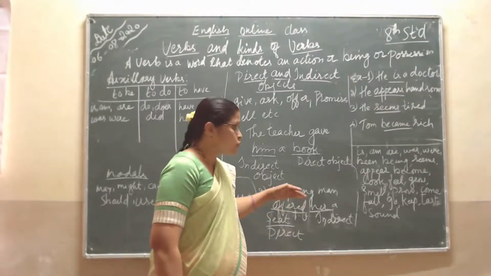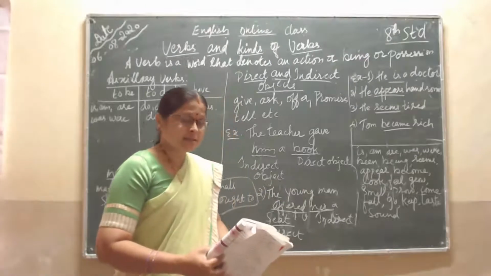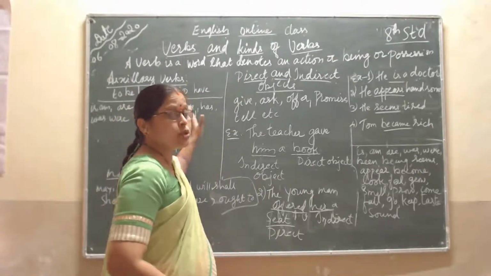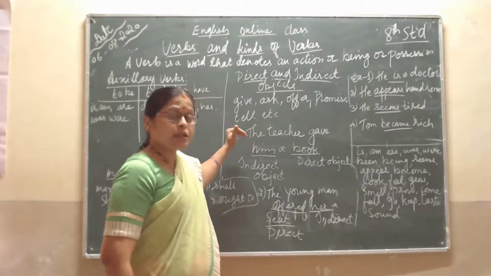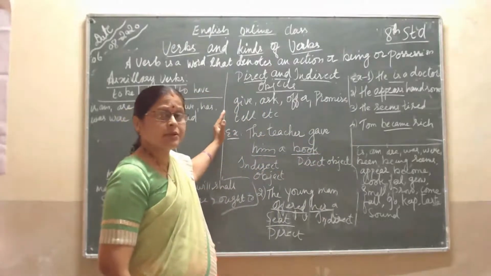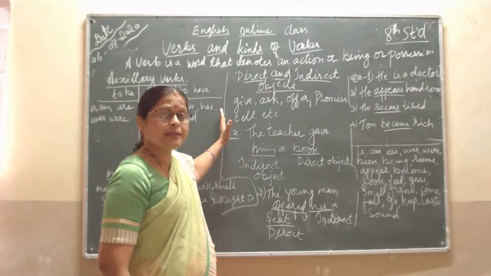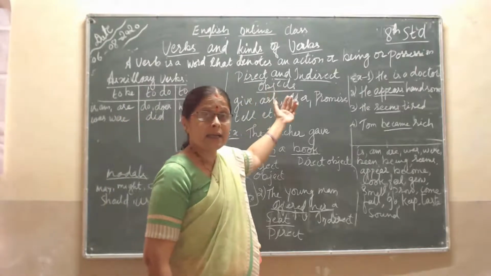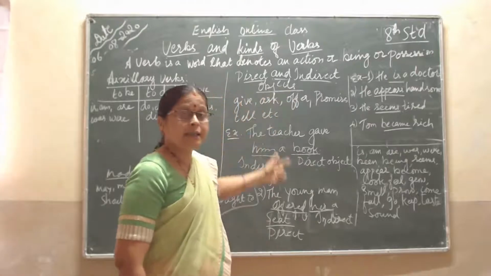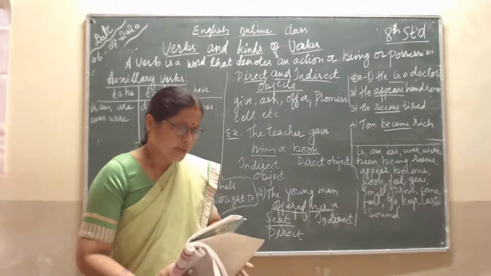Got it, students? Now note down some sentences, then classify them as transitive, intransitive, and link verbs. Then I will give you some more sentences, so you can find the direct and indirect objects also. Okay.